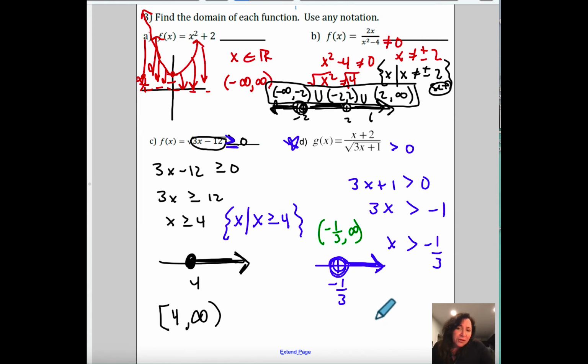If I wanted to put this in set notation, I would say solution set. I don't know if you could see that with the thing in the corner, so I'm going to move this up. I would say, here up here, for all values of x, x has to be greater than negative 1/3, and then you would close that up.